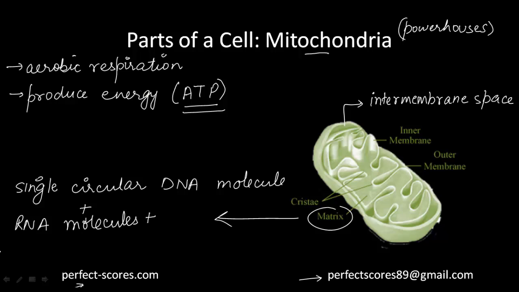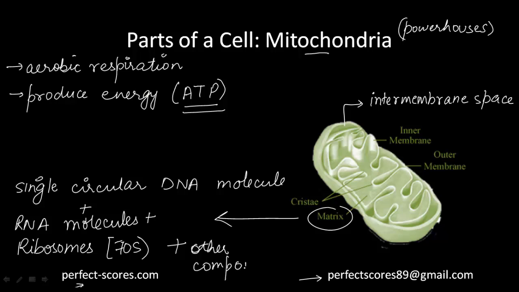And then it has ribosomes, the 70S unit. I hope you remember from the previous video where we discussed the prokaryotic cell. We did ribosomes. They come in two units, 50S and 30S, and when they combine, they form a unit known as 70S. And lots of other components are also there that are needed for synthesis of proteins. So these other components are also present in the matrix.